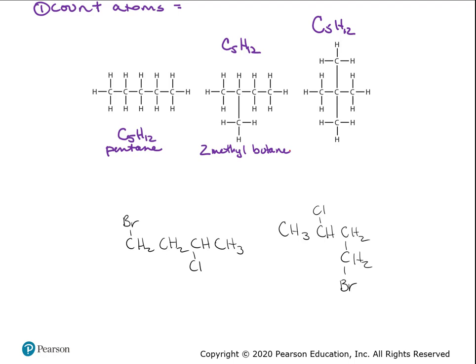The third one, longest carbon chain is a propane. And they're both of those. So notice this is a methyl group, this is a methyl group. So this would be 2,2-dimethyl propane. So they all have different names.